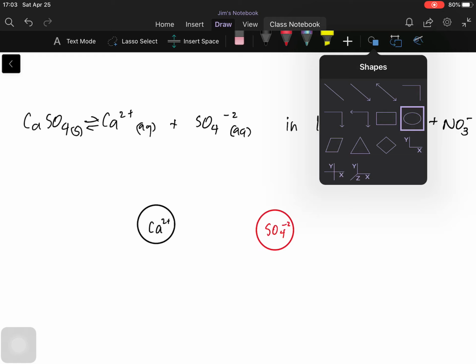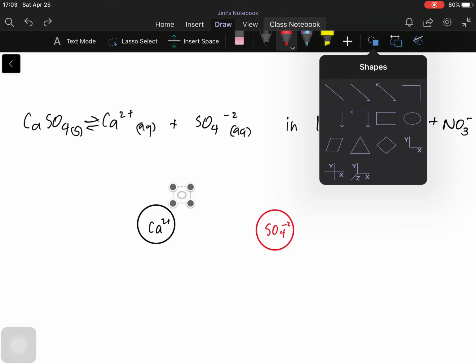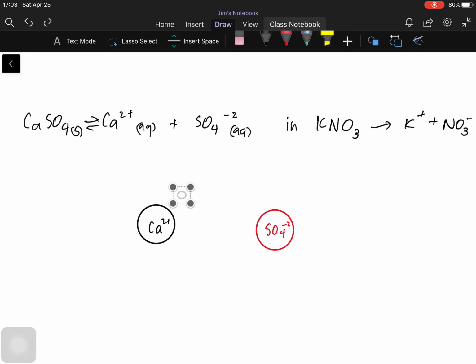Anyway, I'm going to draw it. Let's say this is the nitrate ion. This is the potassium ion that came from the diverse salt or the inert salt that we have.